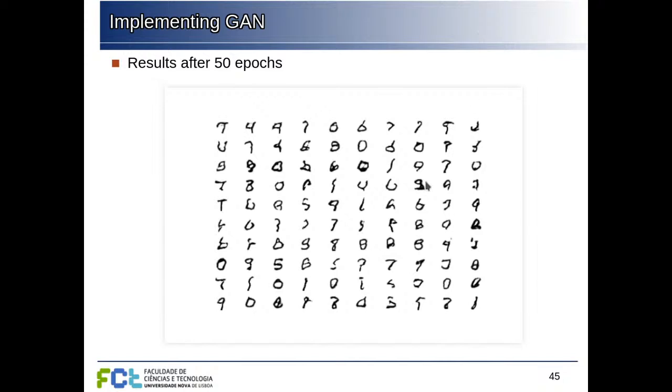After 50 epochs, it's improved, and we can keep training. So the idea is that since we are training both the discriminator and the generator, the generator has to keep improving in order to fool a discriminator that is getting better and better at distinguishing these images, and so we start generating better outputs from the generator.